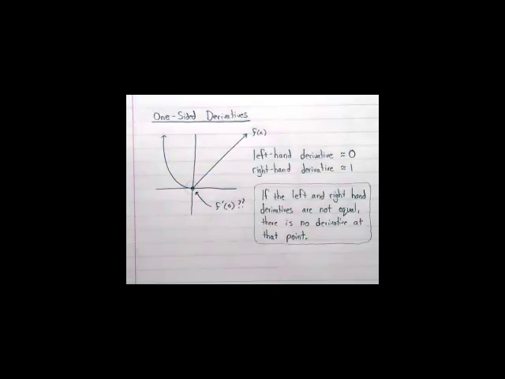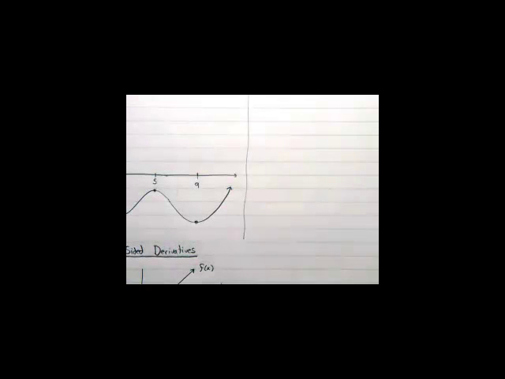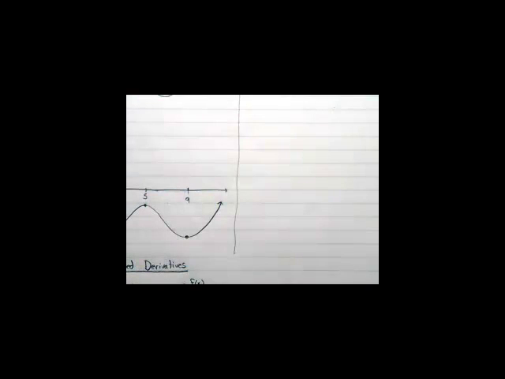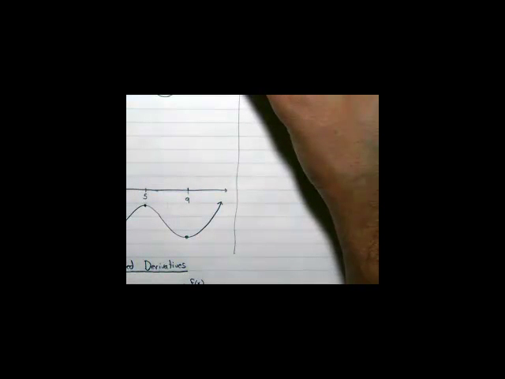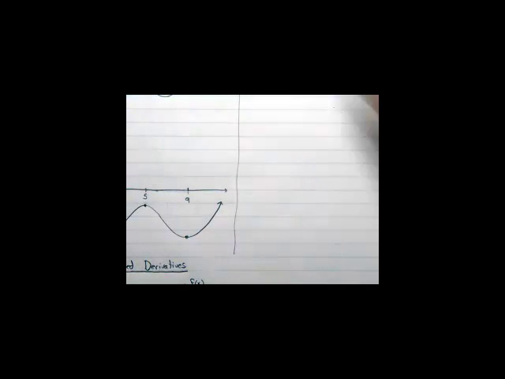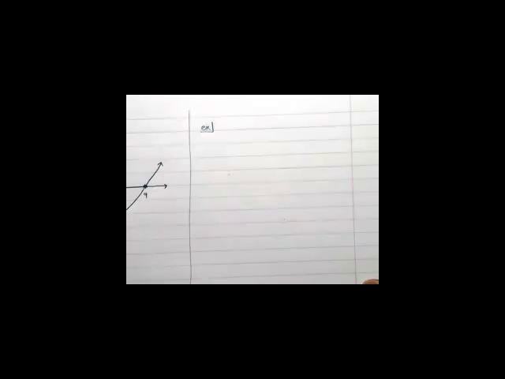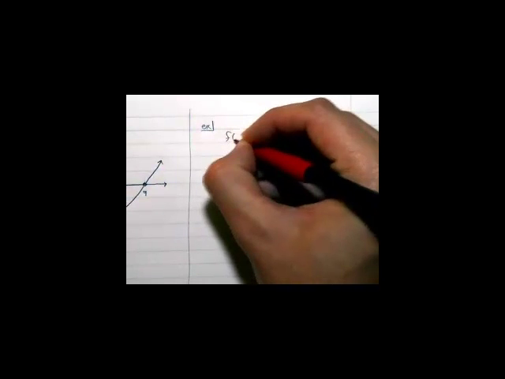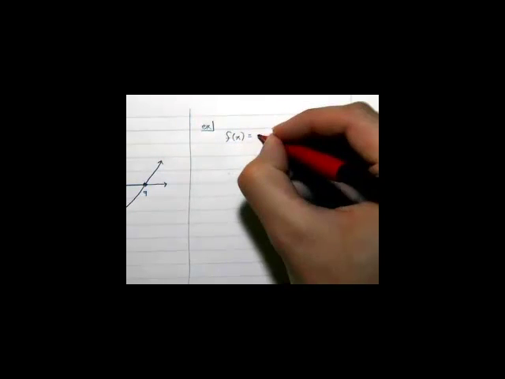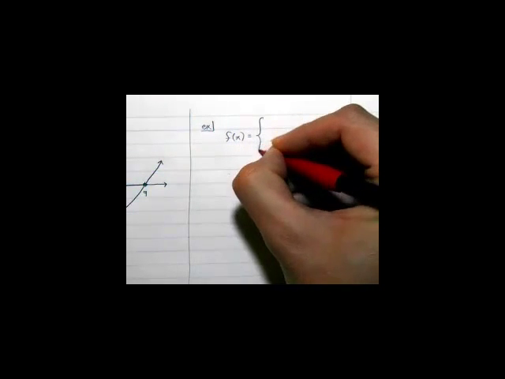So let's try this once. I'm going to come up over here where I've got some more room. And we'll calculate some one-sided derivatives. There we go. Okay. So let's say we've got f of x. It's defined in two pieces.